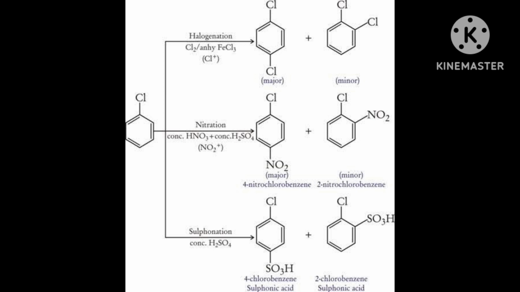A third possibility is also there. Suppose positions 2, 4 and 6 are all electron deficient. Suppose 3 NO2 groups are there on chlorobenzene. Then in the presence of NaOH, with slight warming, this Cl will go and OH will come there. Then it will form 2,4,6-trinitrophenol.